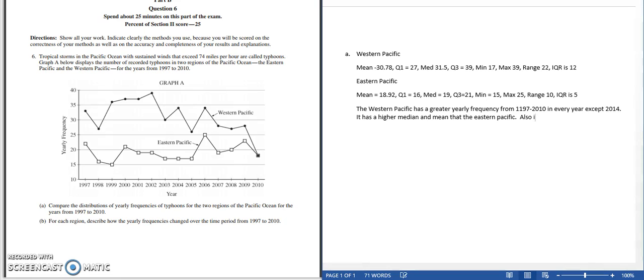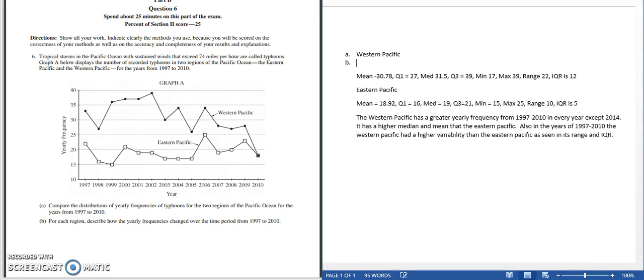Also, in the years 1997 through 2010, the Western Pacific had a higher variability than the Eastern Pacific, as seen in its range and IQR.